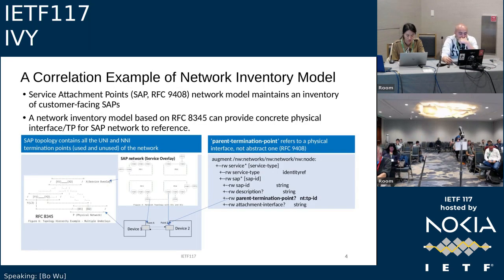So here is an example of the usage of this inventory model. The picture on the left is from RFC 8345. It's quite small, so maybe it's not easy to recognize. And the right part is from the SAP RFC.